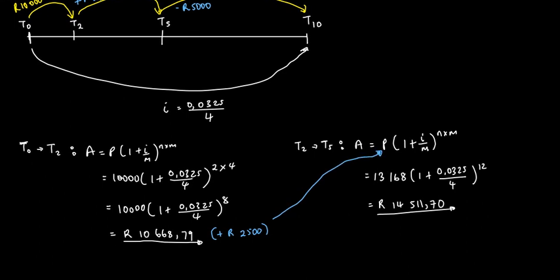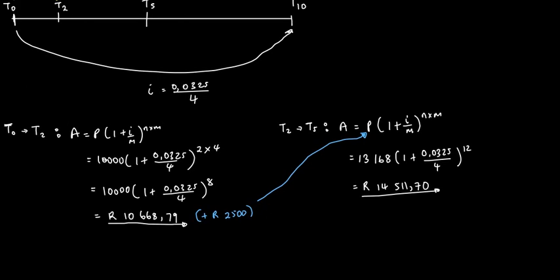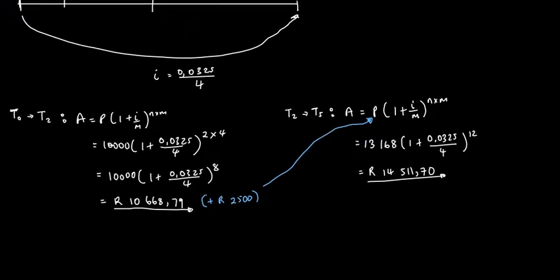Okay, and then here I'm going to subtract how much? 5,000. So here we're going to subtract 5,000, and then that is the one that we'll use as the balance for this other year, right?